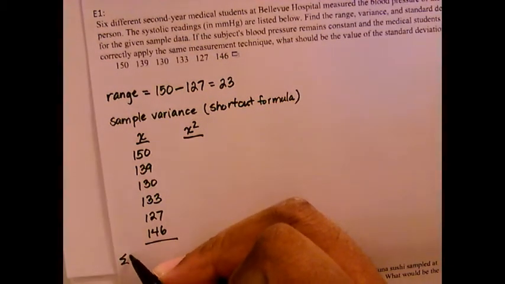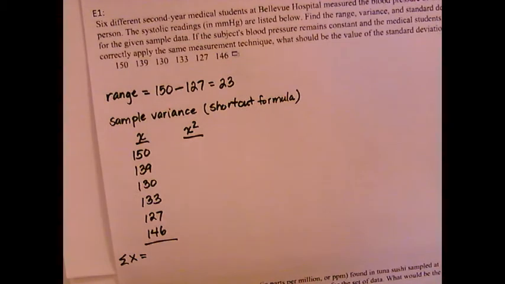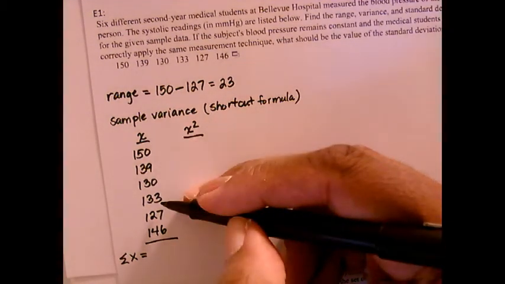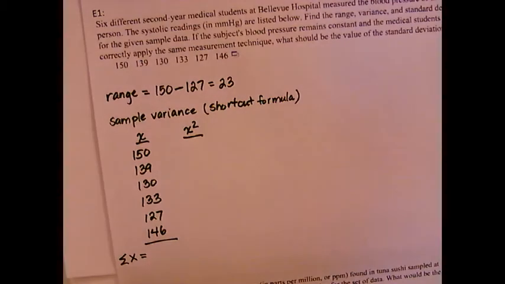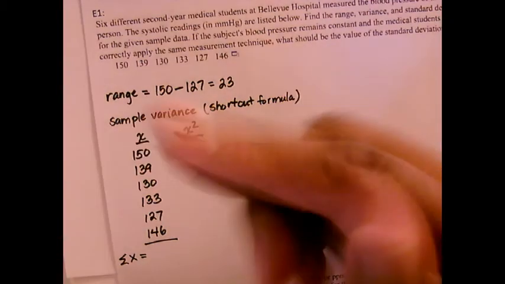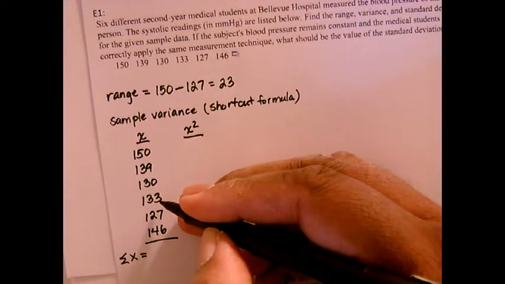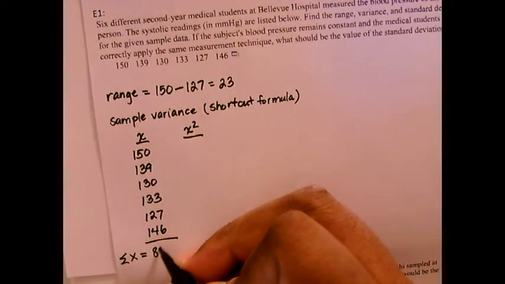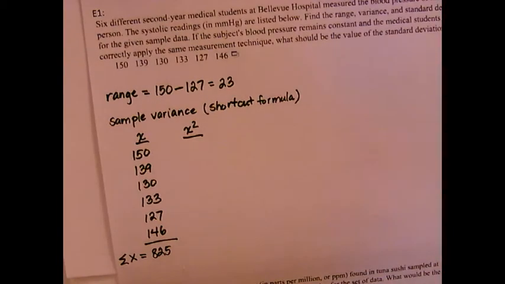And I'm going to put here the sum of my x's. Now I'm going to add up these data values for x, because that's going to represent the sum of all my x's. So if I add 150, 139, 130, 133, 127, and 146, you'll get a total of 825. So the sum of those data values will be 825.